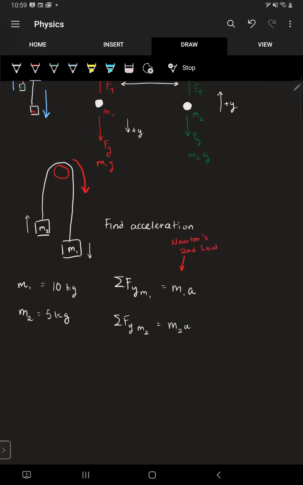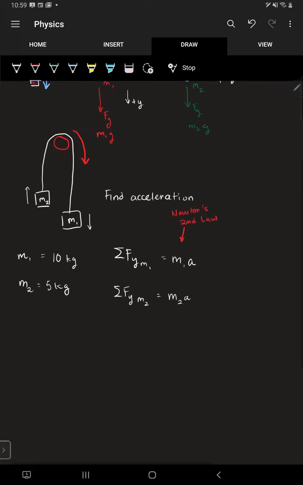All right, it's stating that M1A is equal to the force on M1. All right, what were the forces on M1? Well, M1 had force of gravity minus the force of tension. M2A had the force of tension minus the force of gravity.